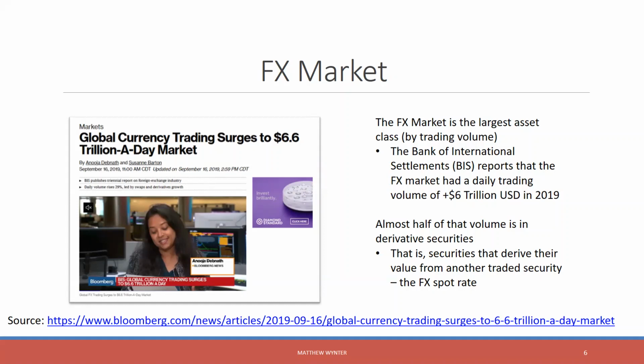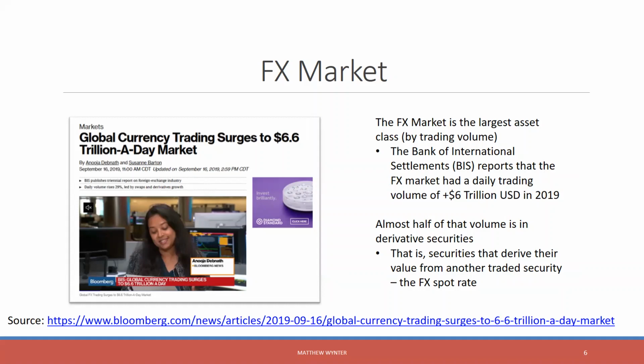Derivative securities are named that because they're going to derive their value from another traded security. So in our examples today, we'll think of the forwards and the futures as really capturing this derivative concept because their value is going to be derived based on our expectations of where the spot exchange rate will be.